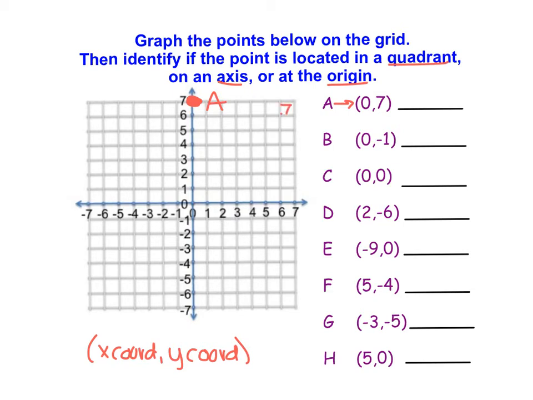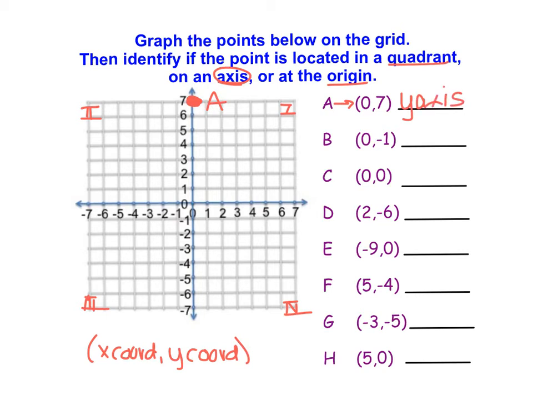This is quadrant 1, quadrant 2, quadrant 3, and quadrant 4, and we're not really in a quadrant, we're kind of on the border. So then I look at my second option, and my second option is that I'm at an axis. And here I notice that my point is actually along the y-axis. So what I'm going to put on this line is that my point is on the y-axis.